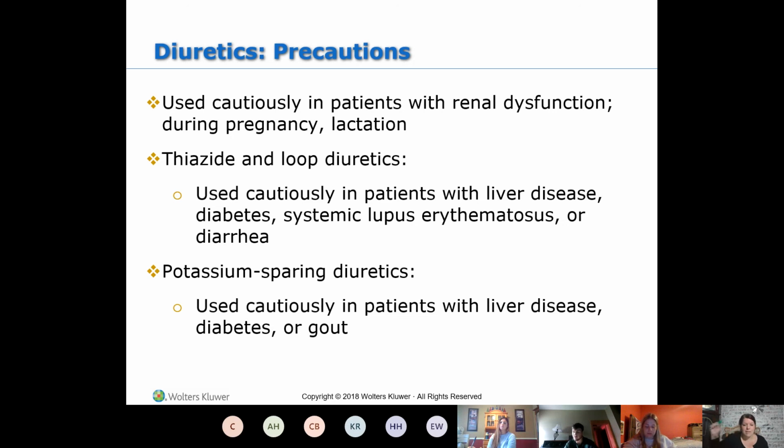Remember ADME? Absorption, distribution, metabolism. Metabolism is in the liver, or meds are metabolized in the liver. I can't even get it out. And then excretion. What is our primary site of excretion of medications?